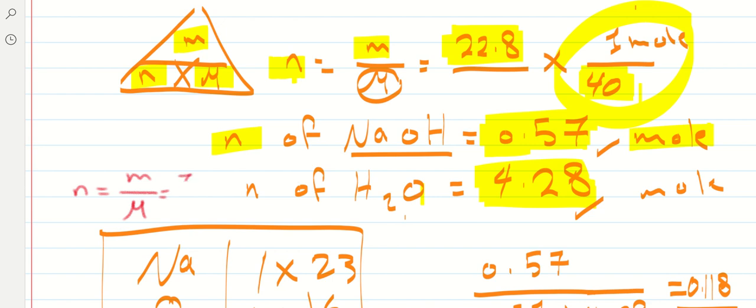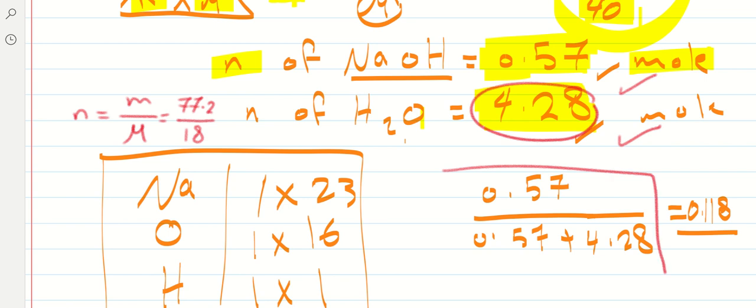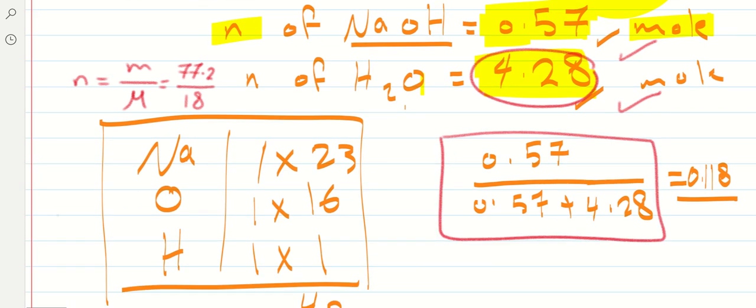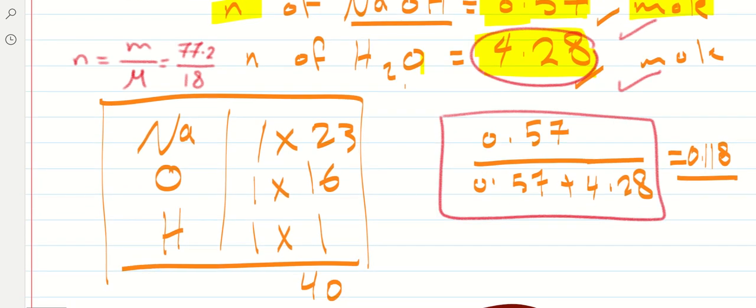Now I have the moles of sodium hydroxide and the moles of water, and then just use the mole fraction, which is moles of solute divided by moles of solute plus moles of solvent.